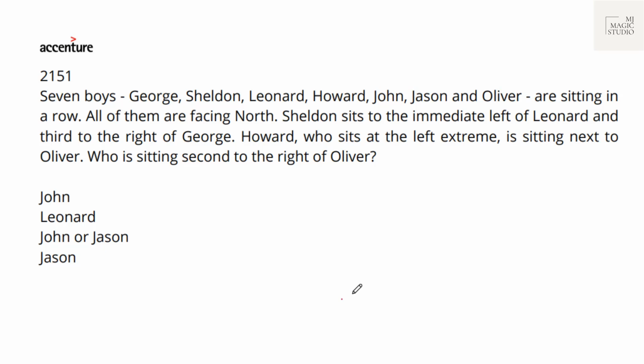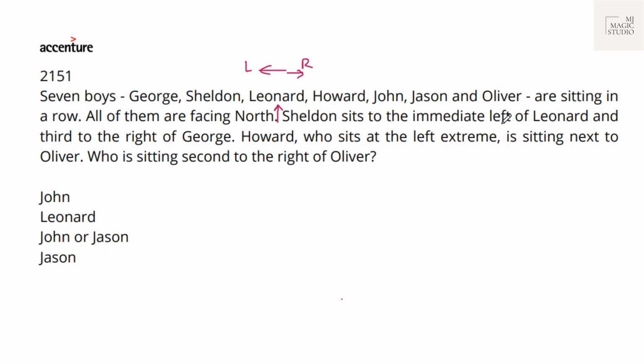Okay, so back to business. First question on the screen, and it's a caselet. 7 boys, George, Sheldon, Leonard, Howard, John, Jason, and Oliver, are sitting in a row. All of them are facing north, which means their left is my left and their right is my right.